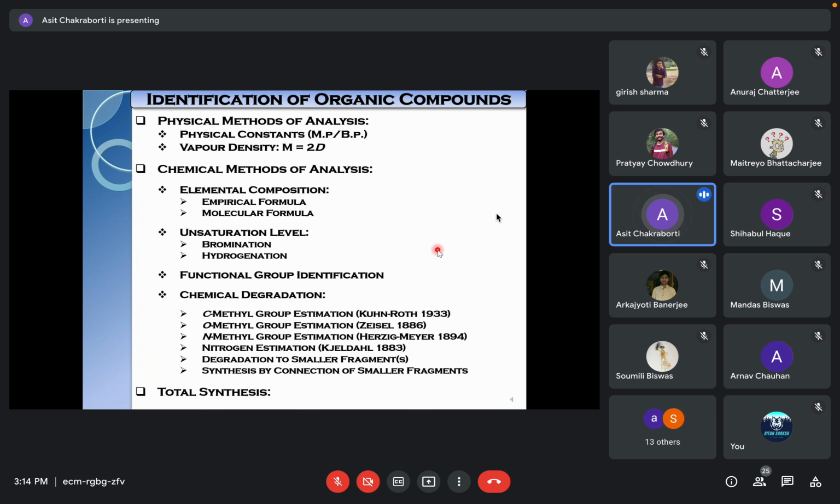Bromination we'll do subsequently, when we go for the functional group analysis. Bromine can be added to an unsaturation. It might be an olefinic unsaturation or an acetylenic unsaturation.